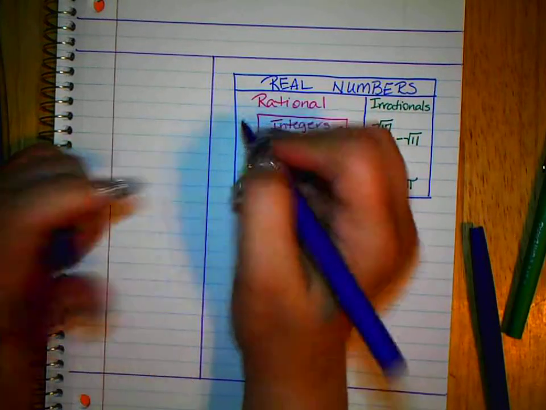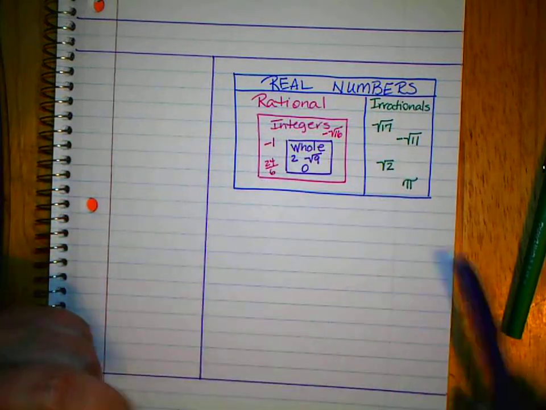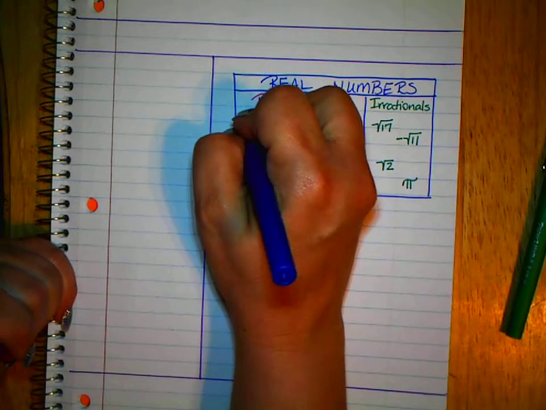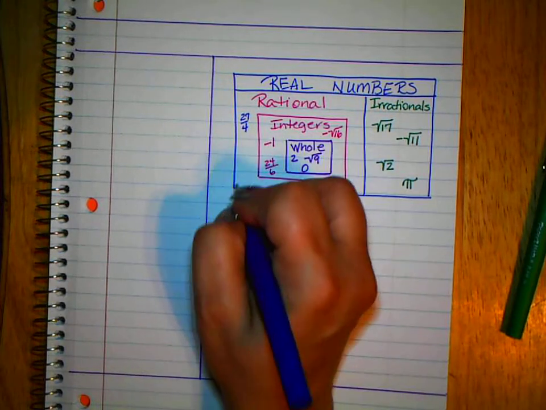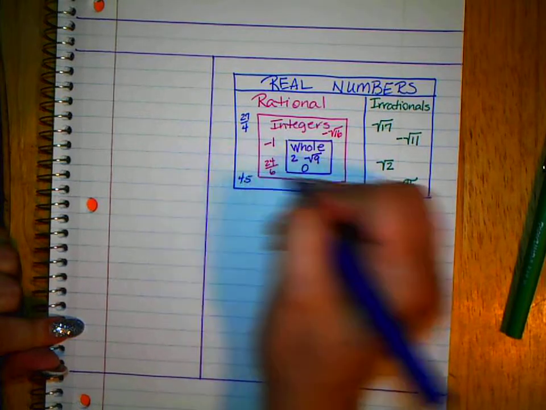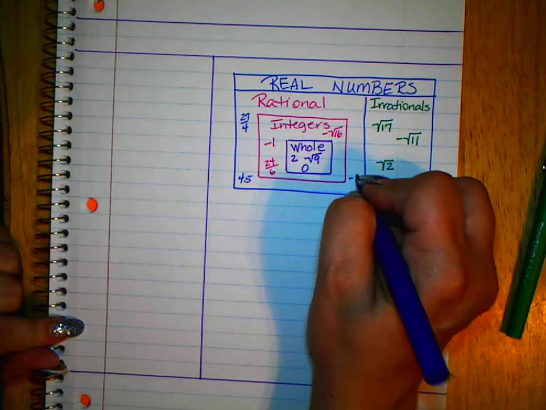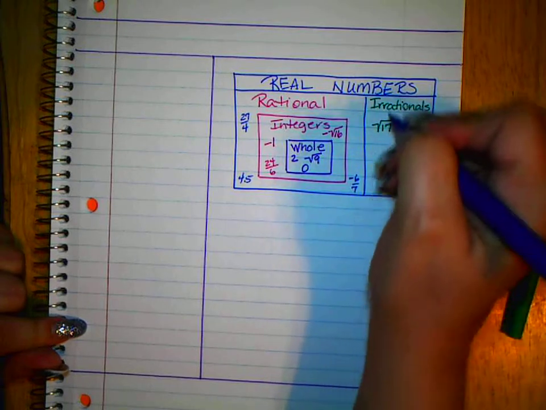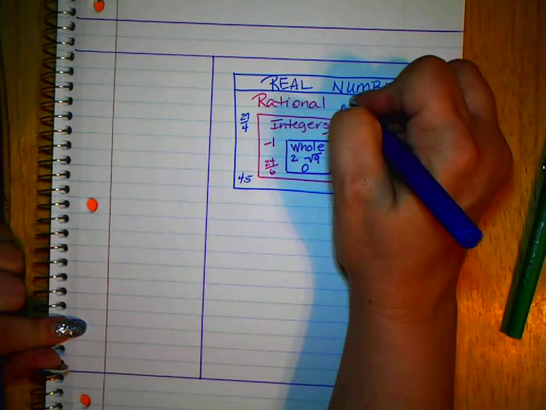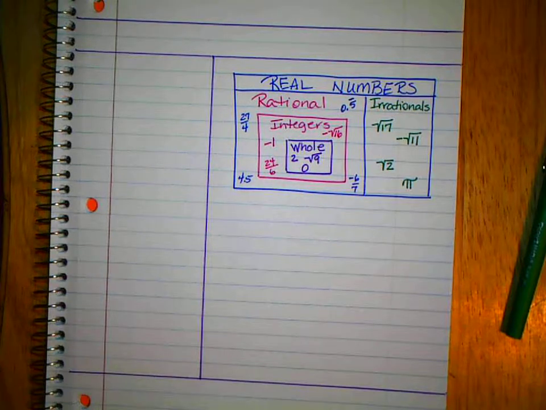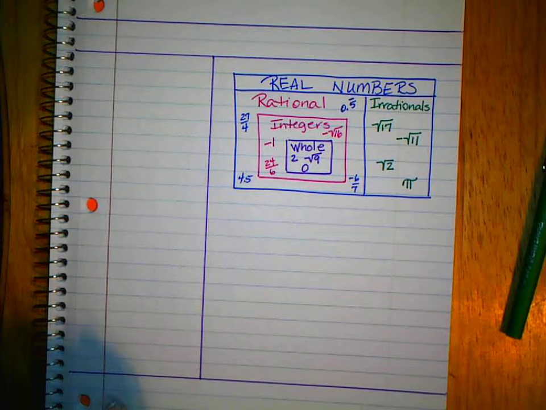Rationals would include something like 27/4, 4.5, -6/7, 0.5 with a repeating bar, and those are just examples.